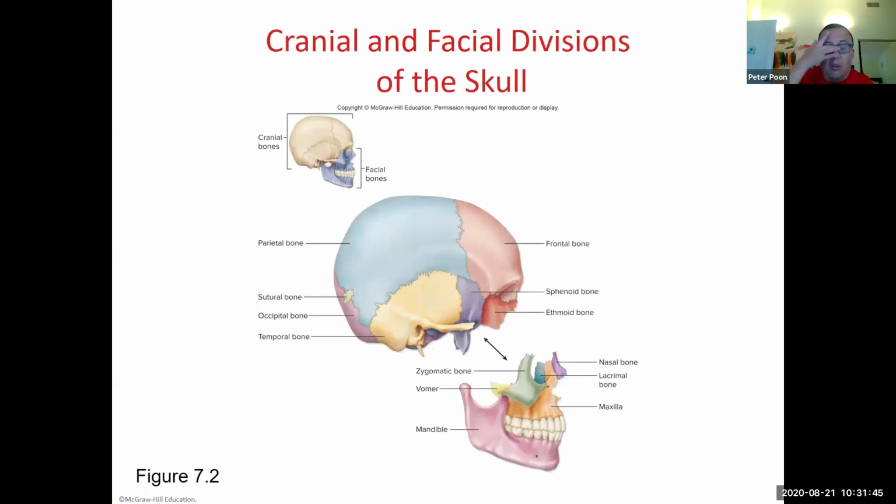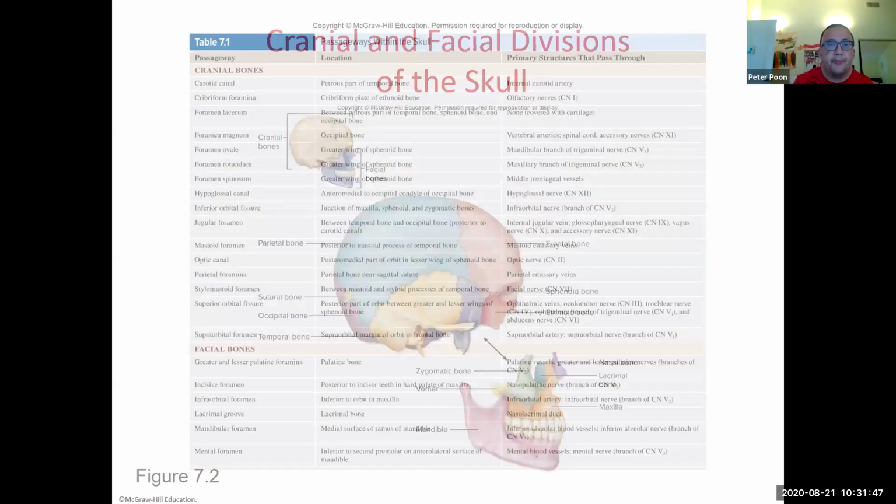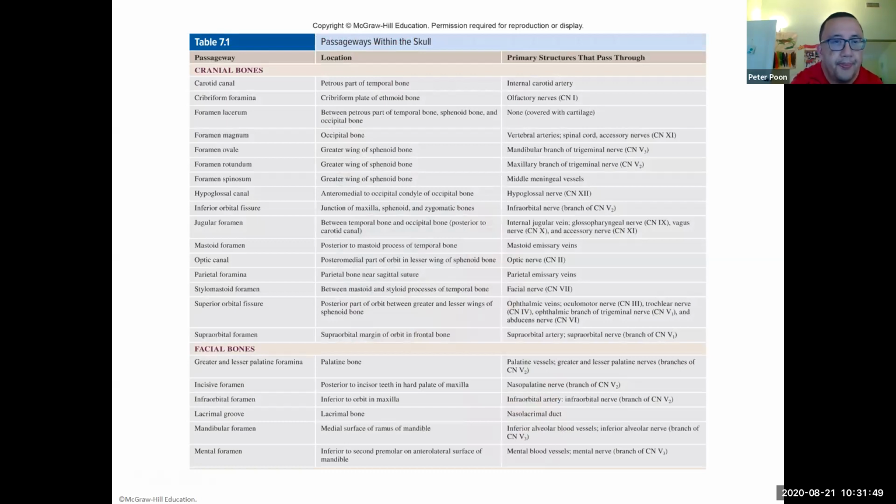So here's the skull. I'll let you look at this. I don't think that's particularly important.